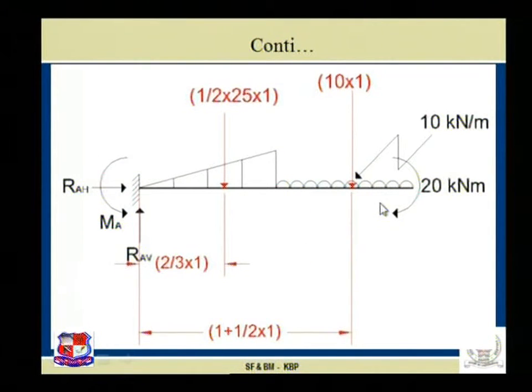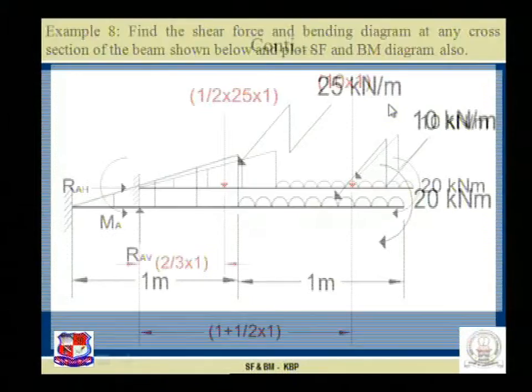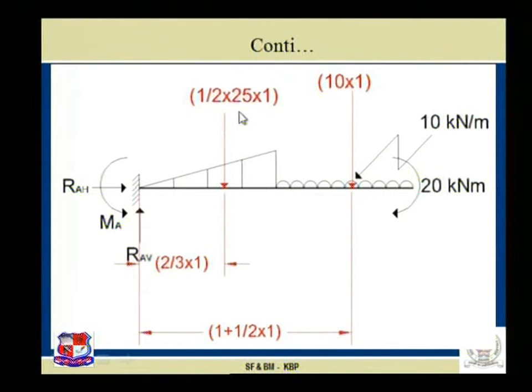This figure shows the conversion of UDL and UVL in terms of equivalent point loads. As the 10 kilonewton per meter UDL is acting, 10 into 1 is the load acting at the CG, while this UVL is of magnitude 25 kilonewton per meter, so the load is half into 25 into 1.